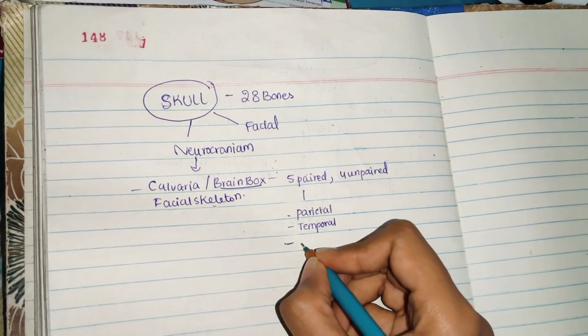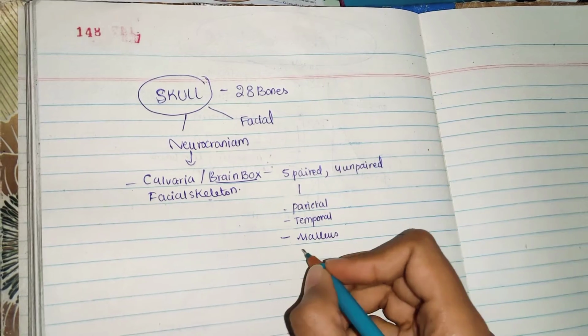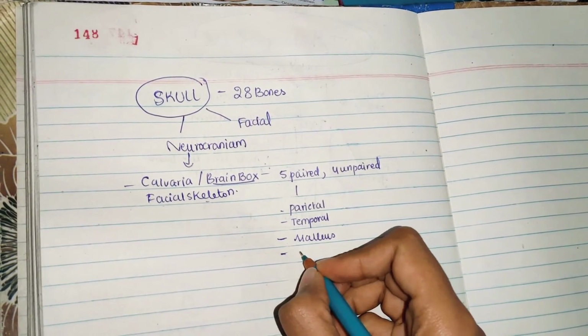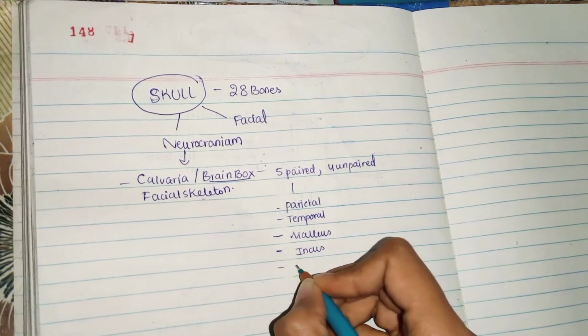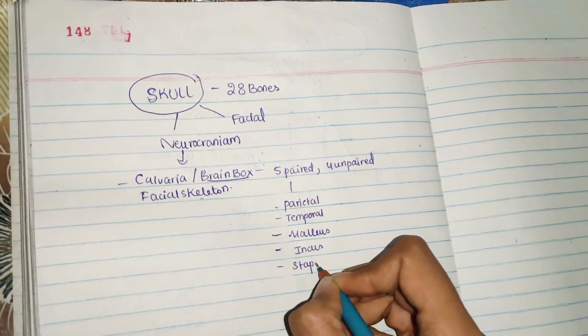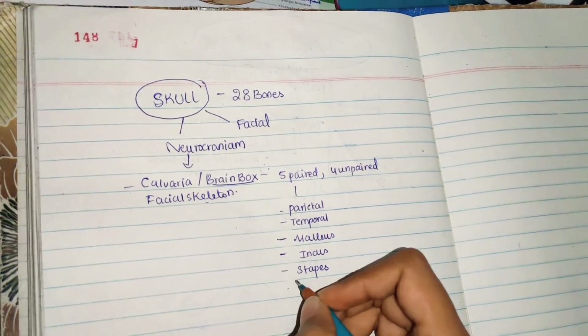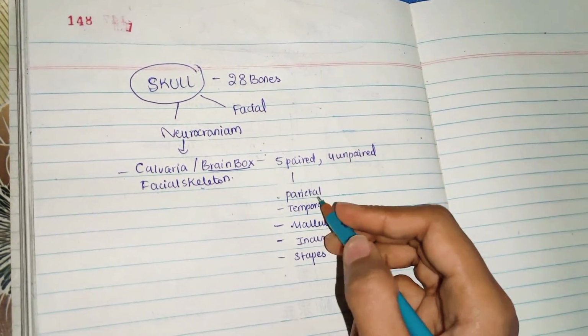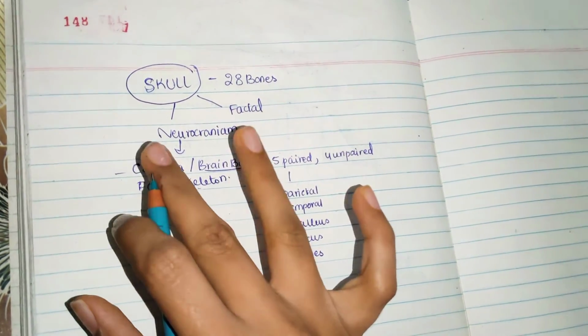And also you have malleus, incus and stapes, the bones of the ear. So malleus is also paired, incus is also paired, stapes too, so all the 3 bones of the ear are paired. So these are all the paired bones. So count them 1, 2, 3, 4, 5. So total 5 paired bones in the calvaria or brain box.